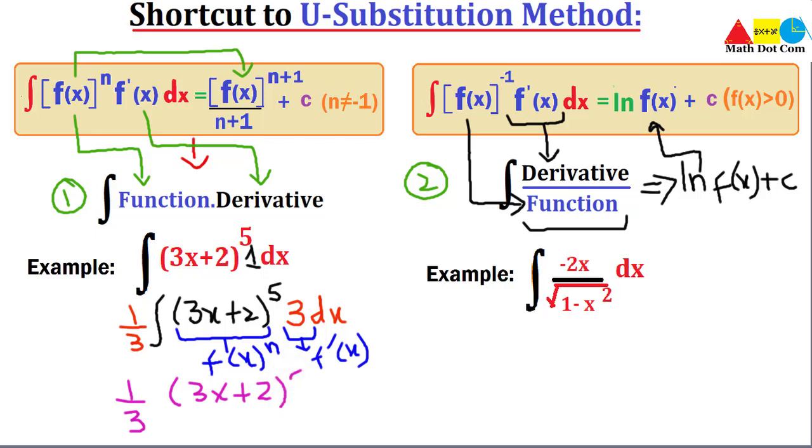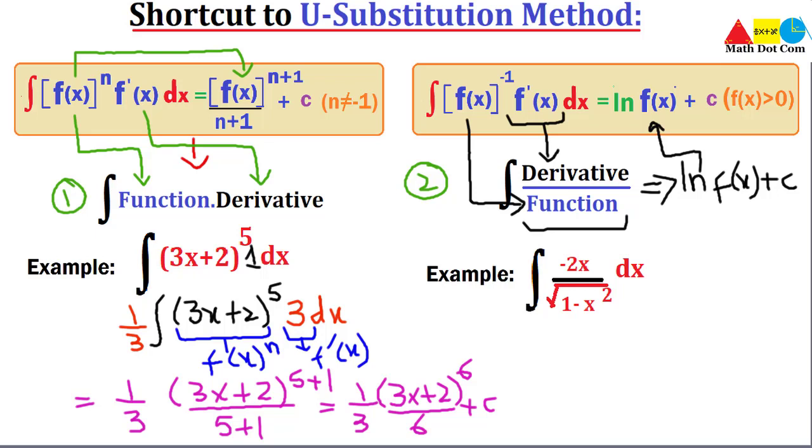So we will add 1 to its power and divide by the same: 5 plus 1 equals 6. So 1 by 3, (3x plus 2) power 6 divided by 6, plus c. Or you can multiply the denominators, 6 into 3 equals 18, and you will get the answer. We need not use the U substitution method in such a case.